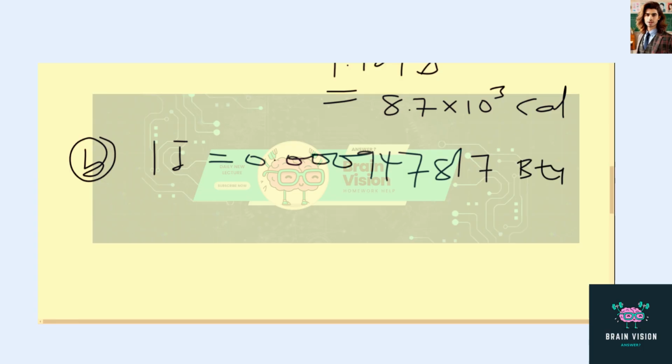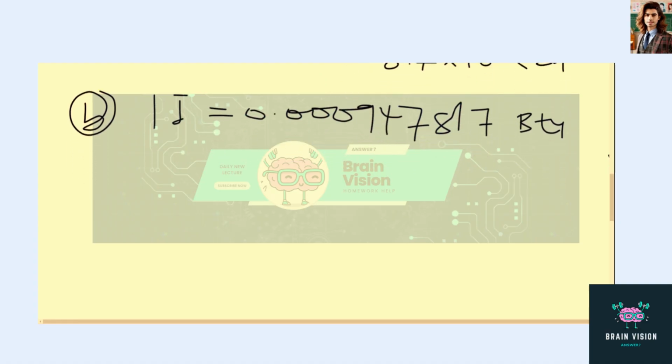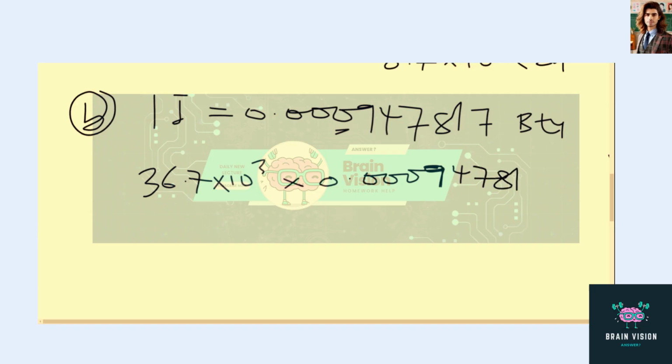So our 36.7 times 10 to the power 3 joules multiplied by 0.000947817 and divided by 1 joule.